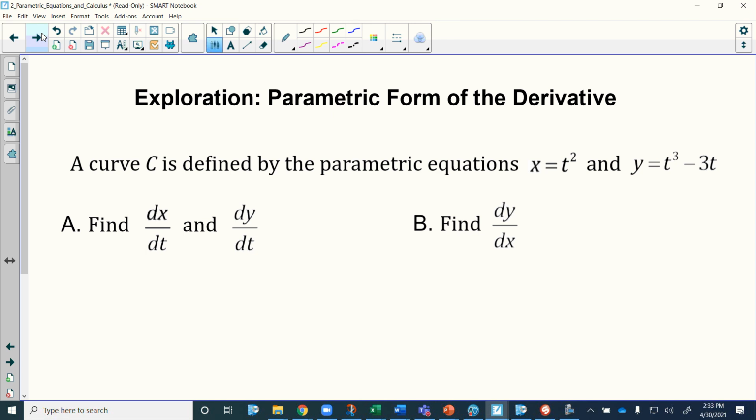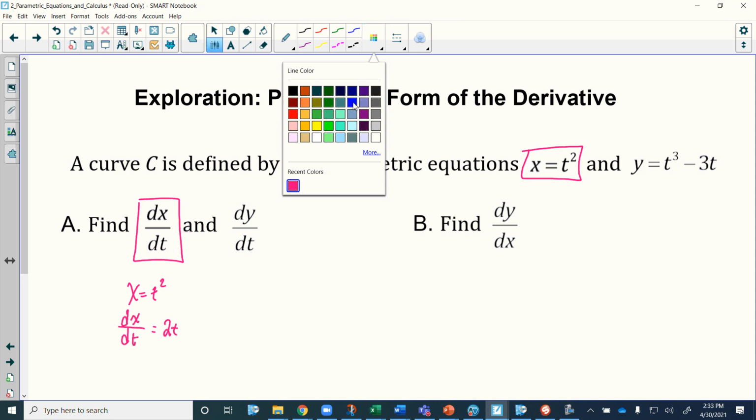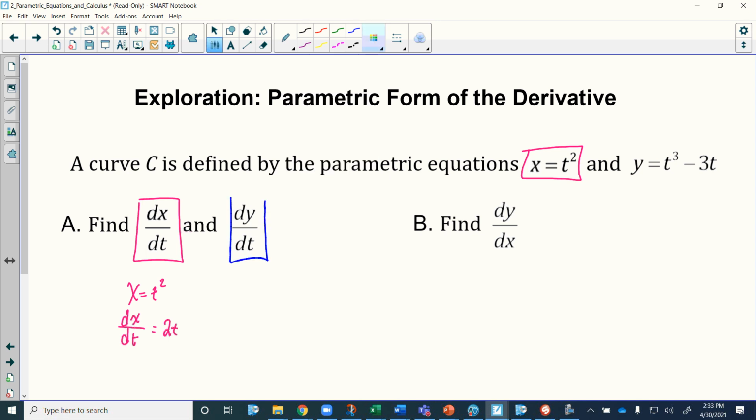So I guess we can probably do these in two different colors. Here, for dx/dt, we're focusing on this function, x is equal to t squared. So if I find the derivative of x with respect to time, dx/dt would be equal to 2t. Okay, and let's pick another color here, and we can do dy/dt the same way.